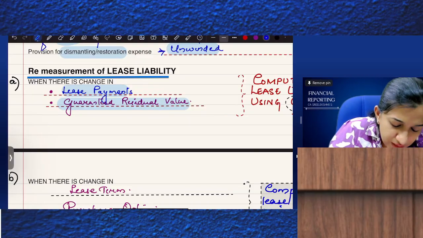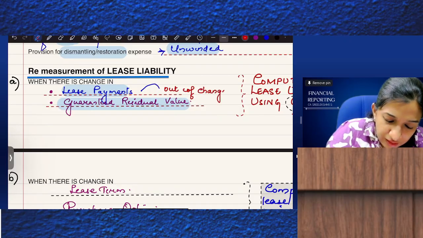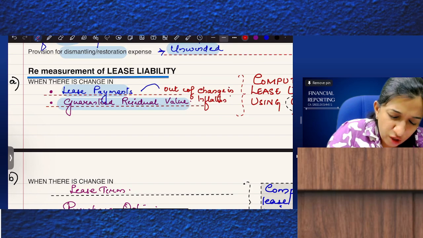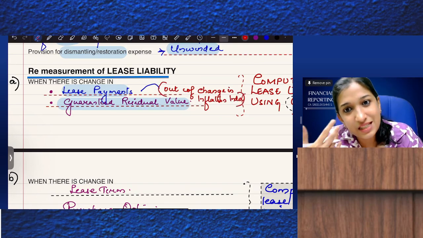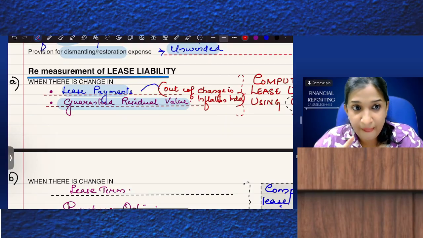When there is a change in lease payments, maybe out of a change in inflation index. Because of the inflation index, there can be a change in the estimated lease payments which we have calculated for the lease liability.